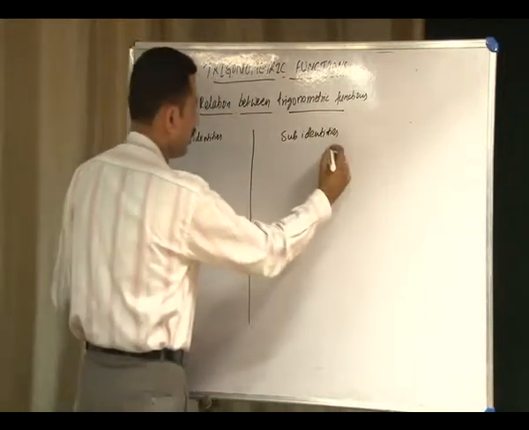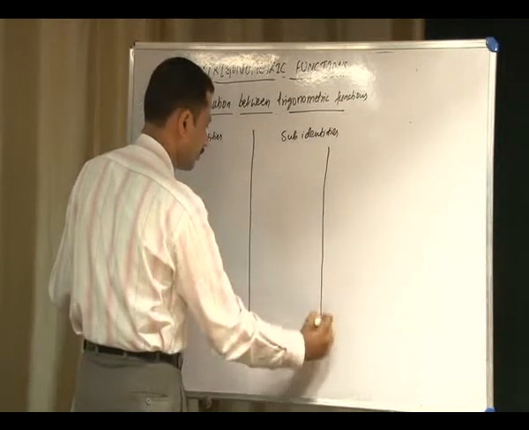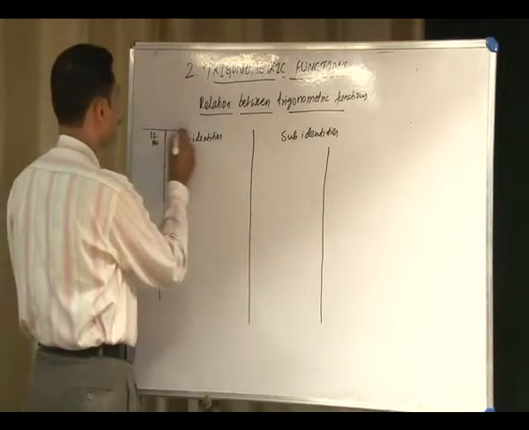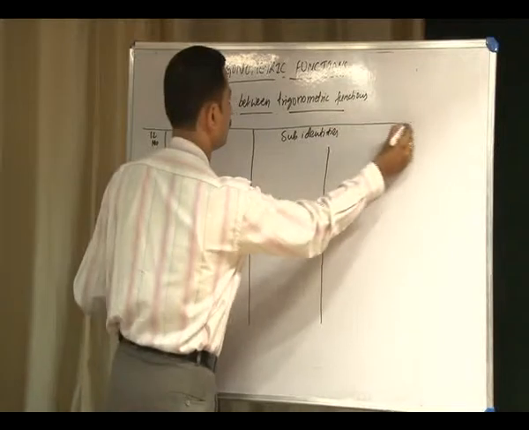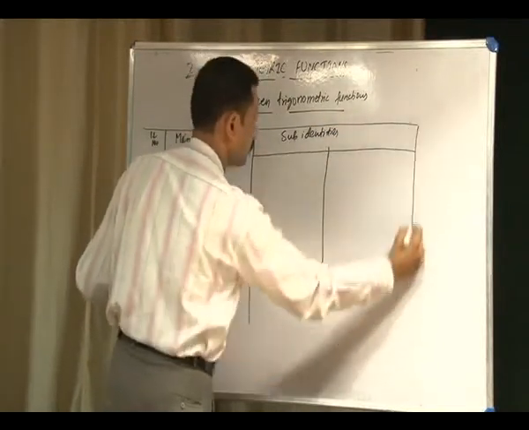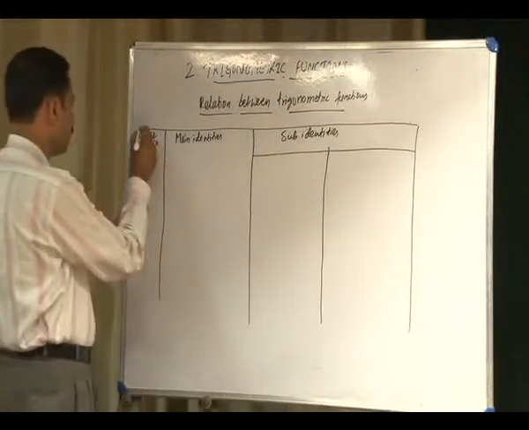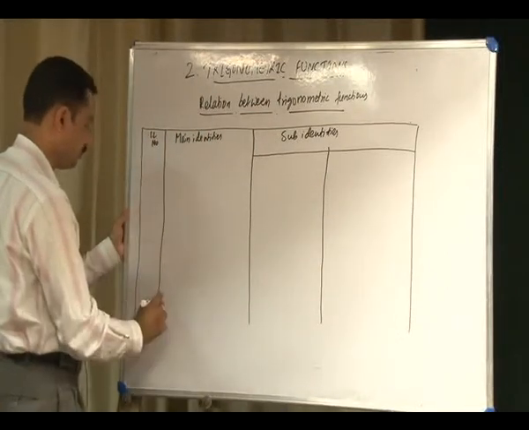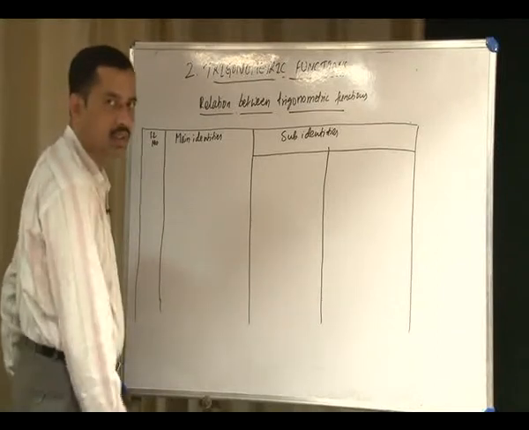In sub identities you will get 2 columns like this.